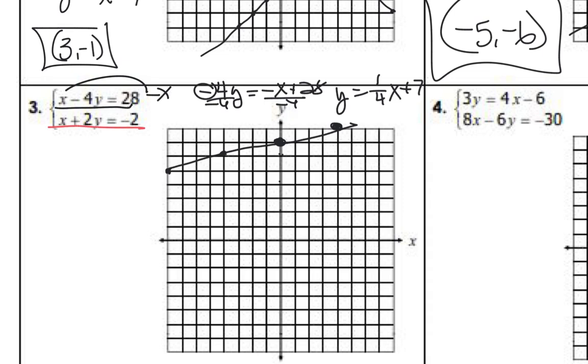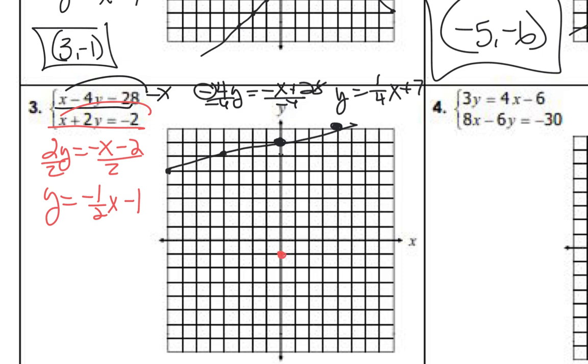And then the second equation here is 2y equals -x minus 2. I just brought that over. Then divide by 2, so y equals -1/2 x minus 1. So -1.